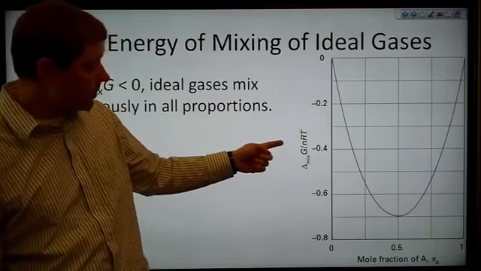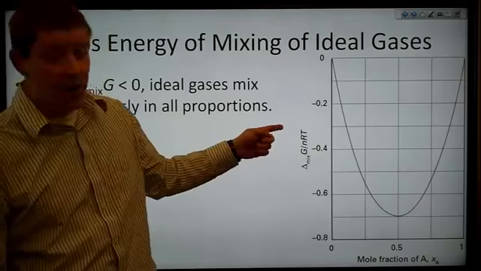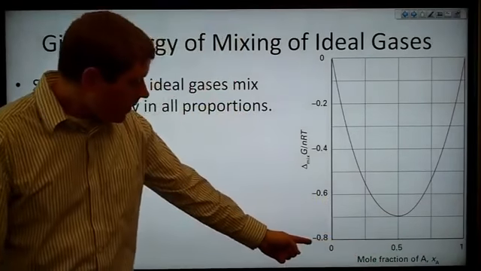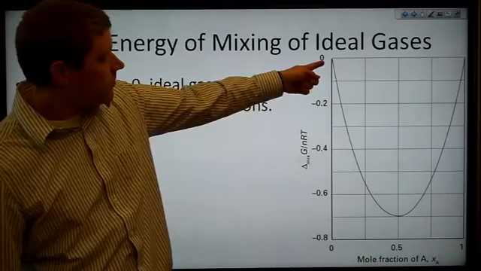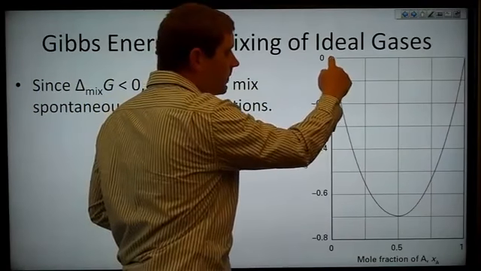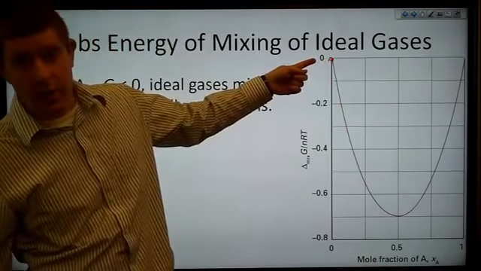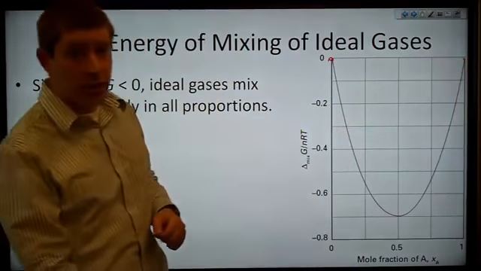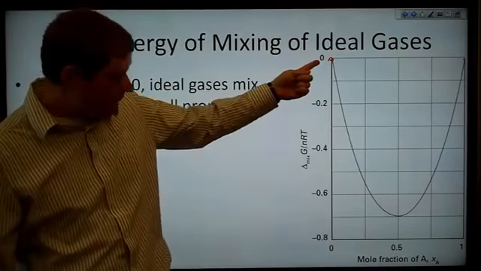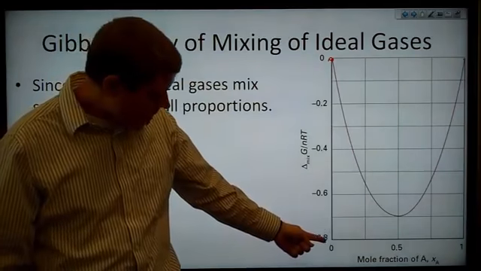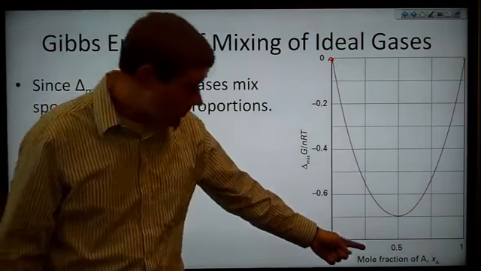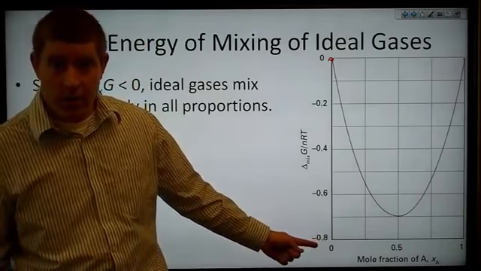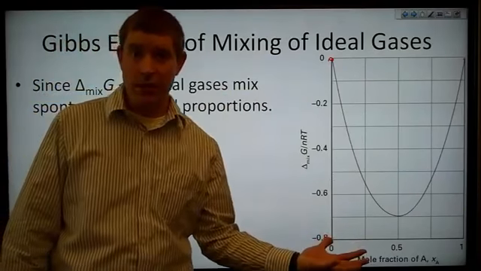So this is actually the Gibbs energy of mixing divided by nRT as a function of mole fraction. You note that at this point we have a Gibbs energy of mixing of 0, and over here at this point we also have a Gibbs energy of mixing of 0. Here the mole fraction of A is 0, which means we have a mole fraction of B of 1.